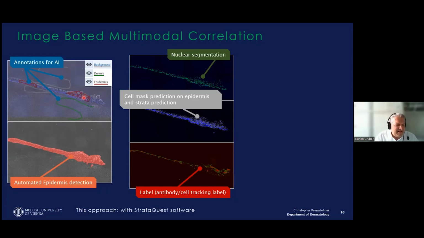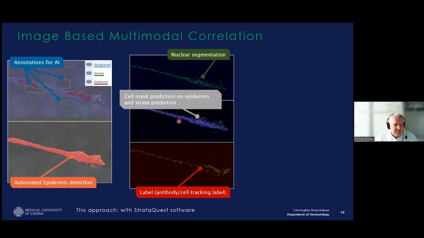And then in a second step, a nuclear segmentation is performed by the software, and it predicts so-called cell masks. And from that, it also predicts the strata. So depending on whether there are nuclei and what is the relative localization of the cell, it is assigned to either the basal layer or suprabasal layer.